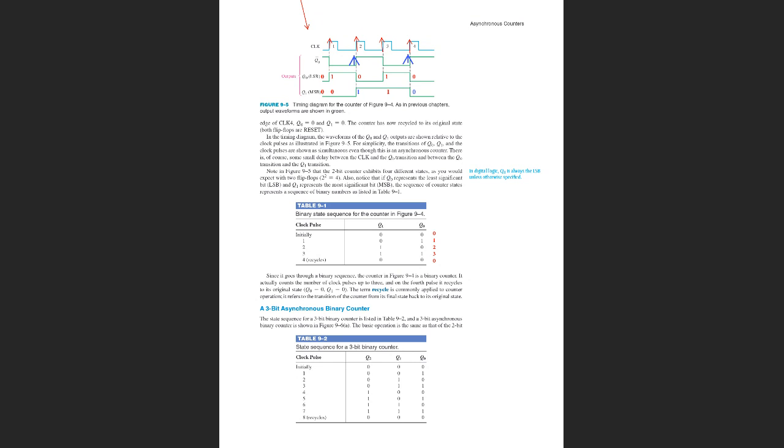If we start with 0 0, the first clock is causing Q1, Q0 to be 0 1. The next clock is causing Q1, Q0 to be 1 0, and then 1 1, and then back to 0 0. So it looks like a counter: 0 0, 0 1, 1 0, 1 1, and back to 0 0. So this is a 2-bit counter indeed.